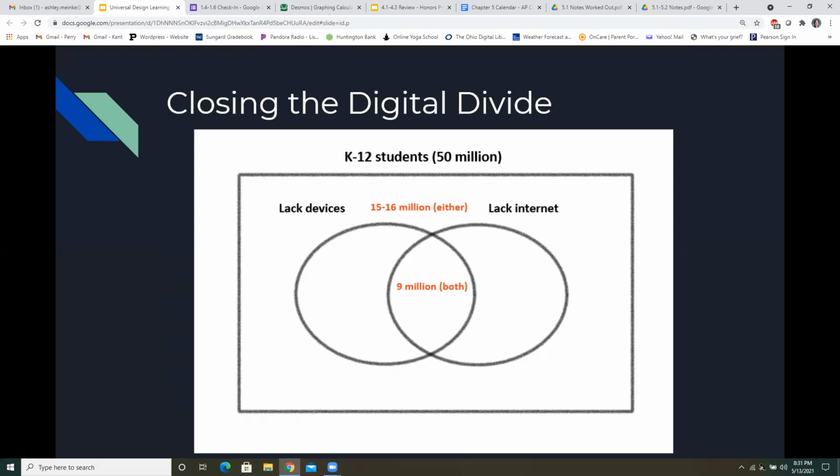And of that 15 to 16 million, 9 million don't have access to devices nor to the internet. So you can imagine how the inequity in learning plays into this whole remote learning system. And so just being aware that we need to make some changes and work towards higher goals is an important thing.